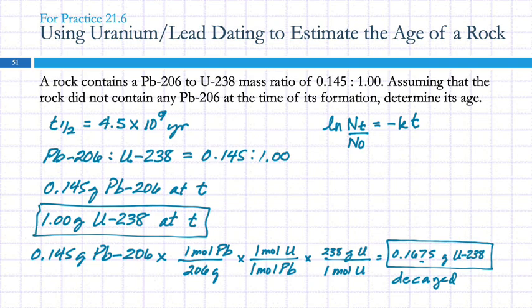How much did we start with? The sum of those, right? So N0 is going to be the 1 gram that we have left plus the 0.1675 grams that decayed.